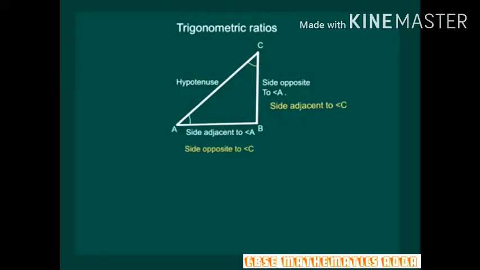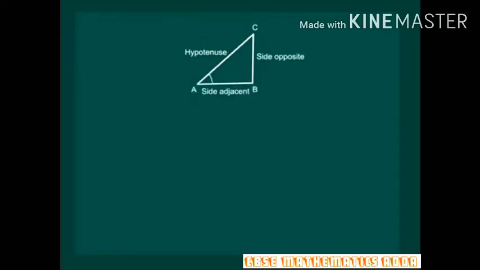Now consider the right angle triangle ABC and taking the angle A, we derive the six trigonometric ratios. Here AB is the side adjacent and BC is the side opposite angle A, and AC is the hypotenuse.